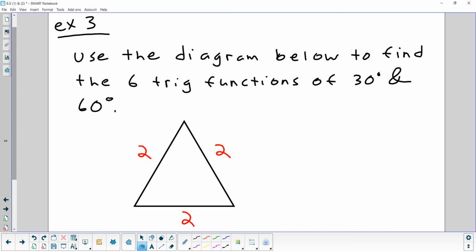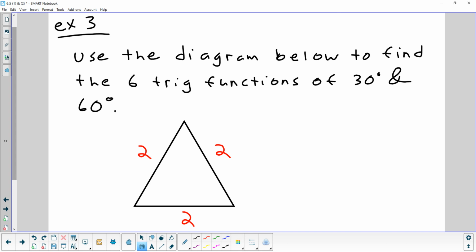Let's start with an equilateral triangle where all the sides are 2. How could I make a 30, 60, 90 out of that? What I have to do to make a 30, 60, 90... Right now we have an equilateral triangle, right?